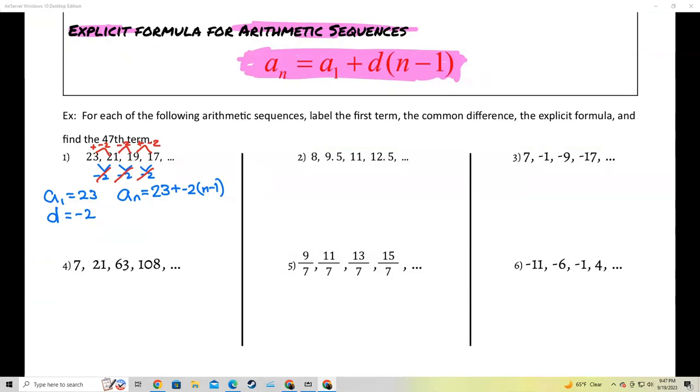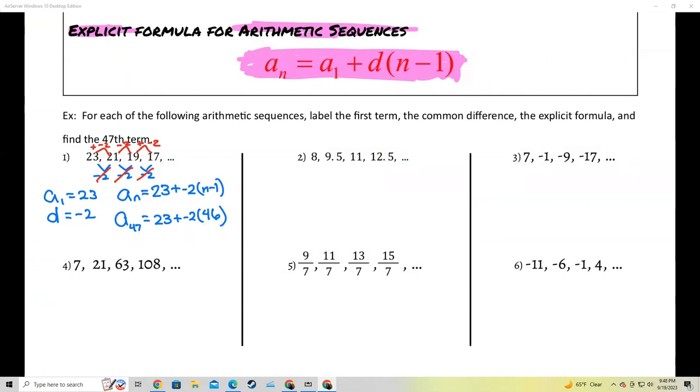So if I want the 47th term, I'm going to go a sub 47 is equal to, anywhere I see an n, I get to replace it with the number 47 now. This is going to be 23 plus -2 times 47 minus 1. Well, that's going to be 46. Guys, right here, what this is saying is we're going to add that -2 46 times. Why 46? Because it's one less than 47.